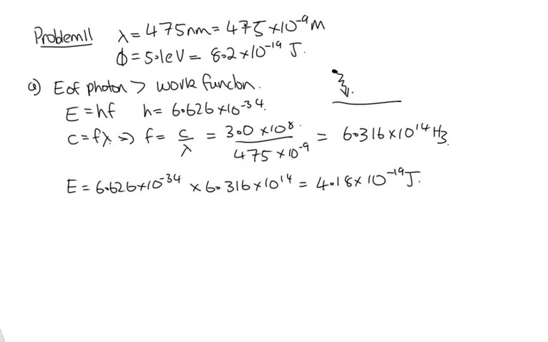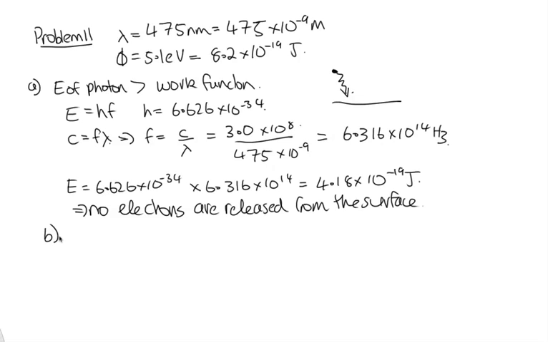Now this is less than the 8.2 times 10 to the minus 19 joules which is needed to overcome that work function. So this means that no electrons are released from the surface.